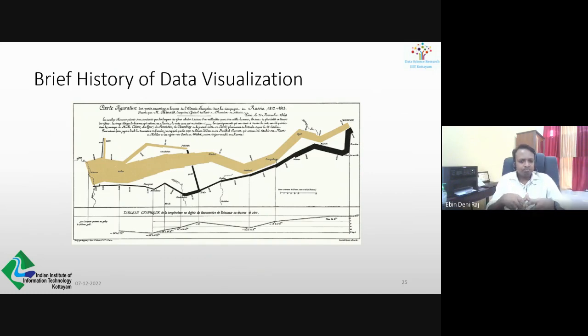By the time Napoleon gets to Moscow, he knows that he has to retreat because winter has settled in and temperature has dropped, and he returned to France due to lack of food, disease, and because of the weather conditions. So that is being depicted in this visualization.